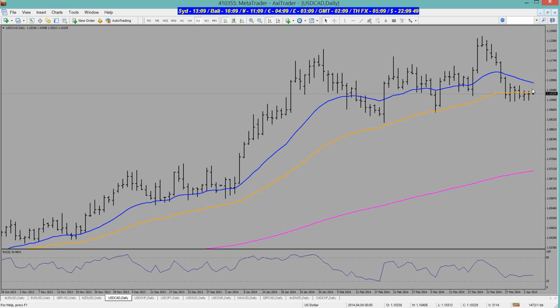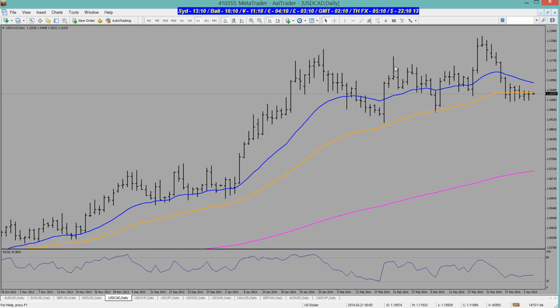You're either going to get in early and get taken out on the volatility tonight, or you'll get in and reap the rewards. Now, you don't know what's going to happen, so you're flipping a coin. What's the news tonight on the CAD is the unemployment rate and Ivey PMI, plus the non-farm payrolls on the US side. So that's a whole lot of volatility I'd rather stay away from.